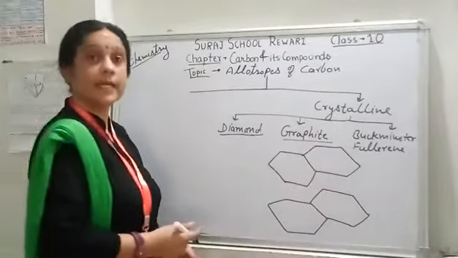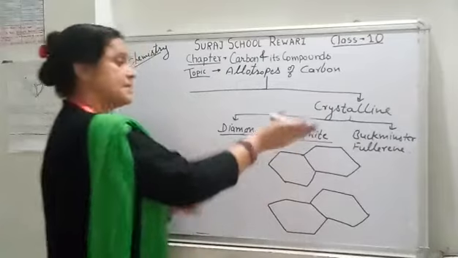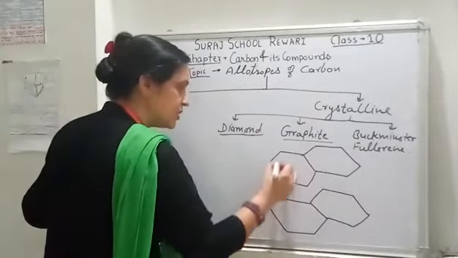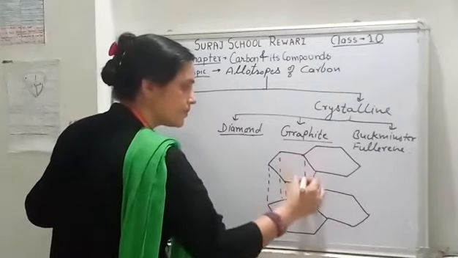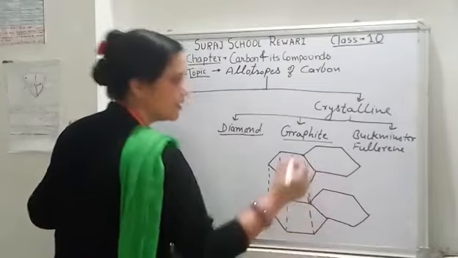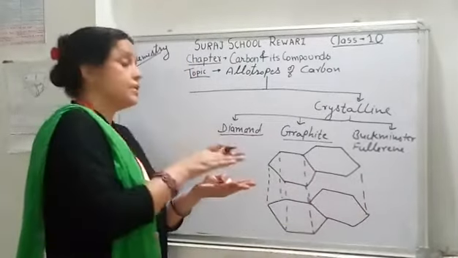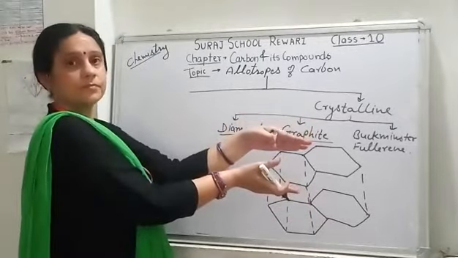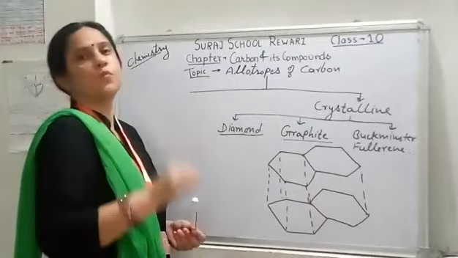In graphite, the hexagons of carbon are present in a layered structure which are joined to each other by weak van der Waals force. This force is used to attach these layers of hexagons, which can be easily broken by small force.